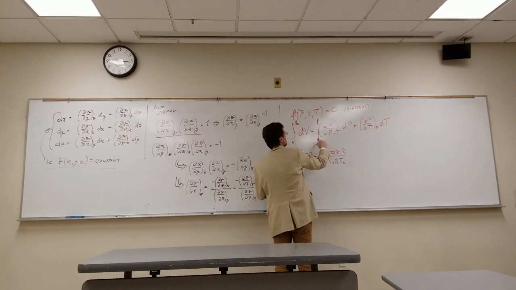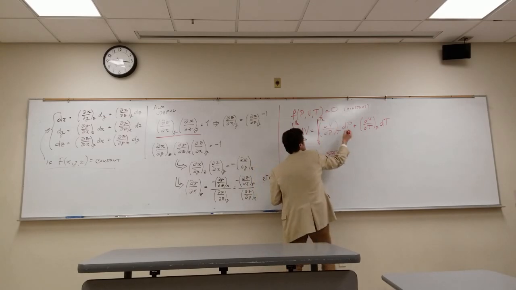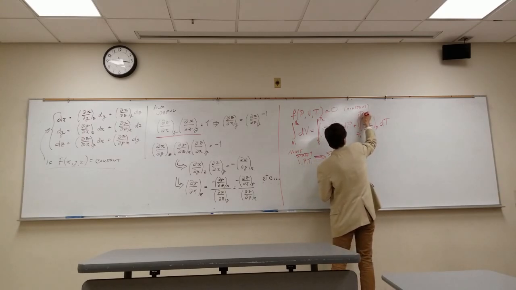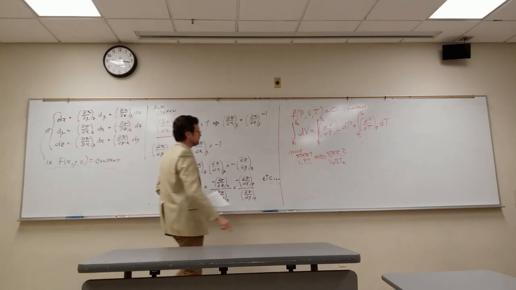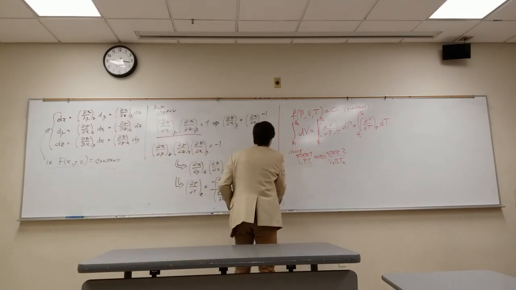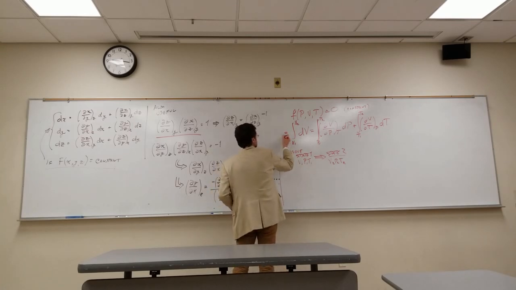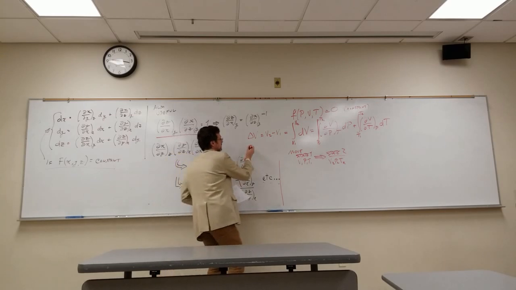So integrate this from P1 to P2, and this from T1 to T2. This left-hand side then is equal to V2 minus V1, which is equal to delta V.